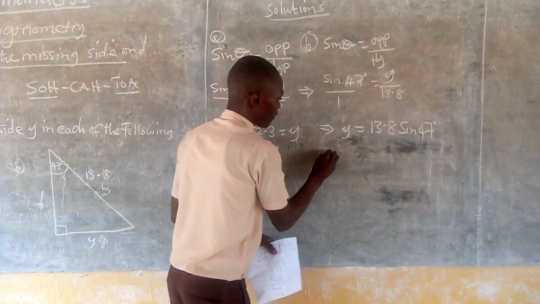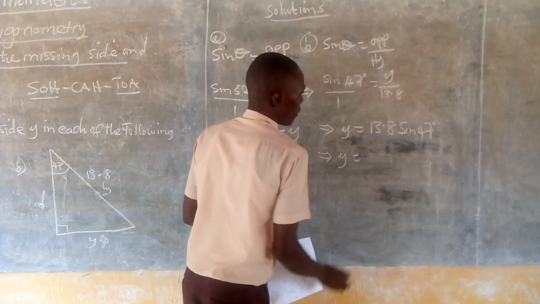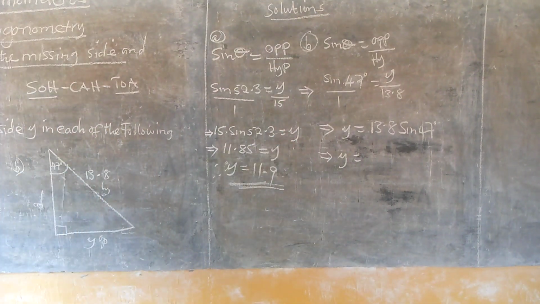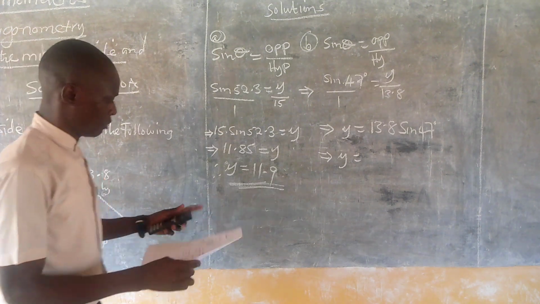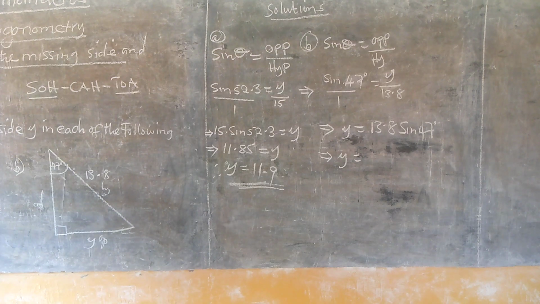What are we going to have? 10.1. 13.8 multiplied by sine 47. 10.1? That's what you're having? Yes. Okay, so we also punch 13.8 sine 47.